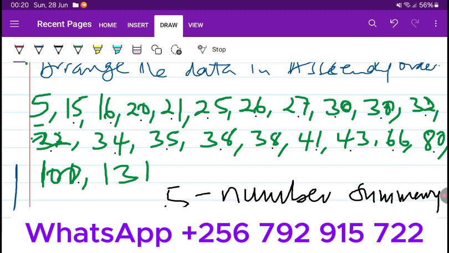This is 1, 2, 3, 4, 5, 6, 7, 8, 9, 10, 11. Then we move from the left to the right. This is 1, 2, 3, 4, 5, 6, 7, 8, 9, 10, 11, meaning the number is in between here, but there is no number that is there.